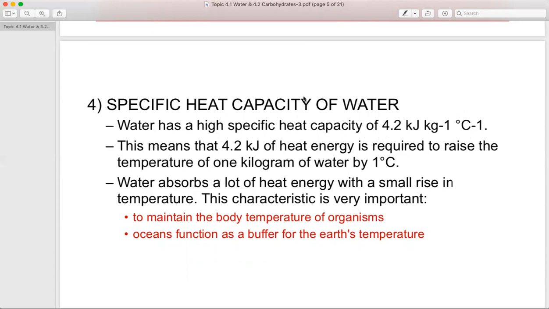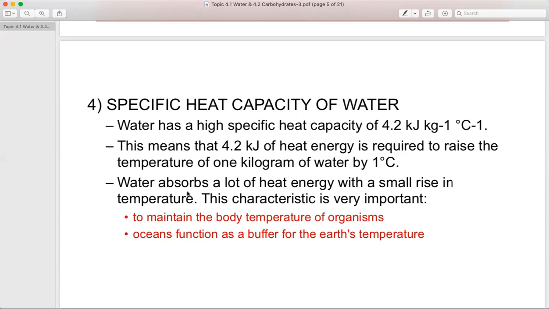And then apa yang dimaksudkan dengan 4.2 kJ sebagainya ini adalah, okay, bermaksud sebanyak 4.2 kJ heat energy, tenaga haba diperlukan untuk menaikkan sebanyak 1 kg of water, okay, sebanyak 1 degree Celsius. Maksudnya untuk naikkan 1 kg of water sebanyak 1 degree Celsius, tenaga haba yang diperlukan adalah 4.2 kJ.